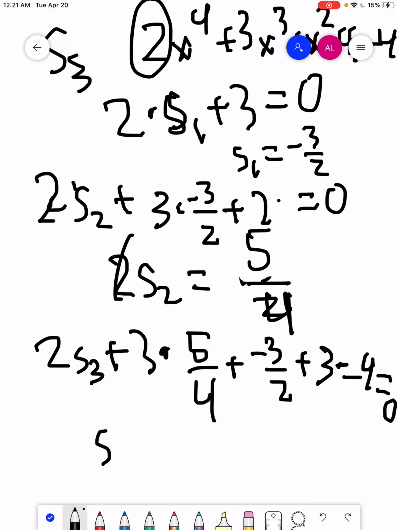So s3 would be equal to, there's a chance I might slip up when solving this, but I'm sure you guys get the main idea.